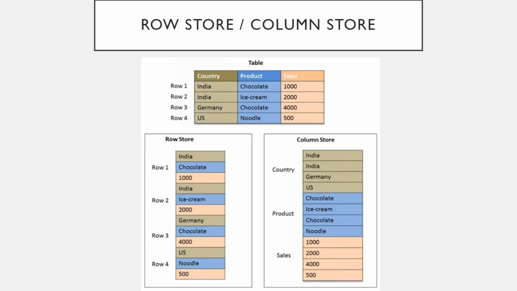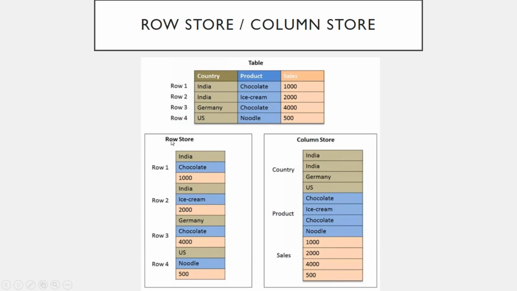That is a major concept. If it is a row store table, it will take one row. For example, row 1 here: India, chocolate, and 1000. It takes the first row and organizes the data row by row, then the second row, third row, fourth row, and so on.